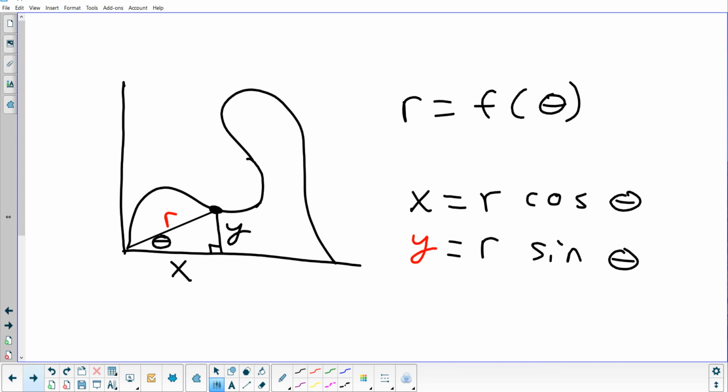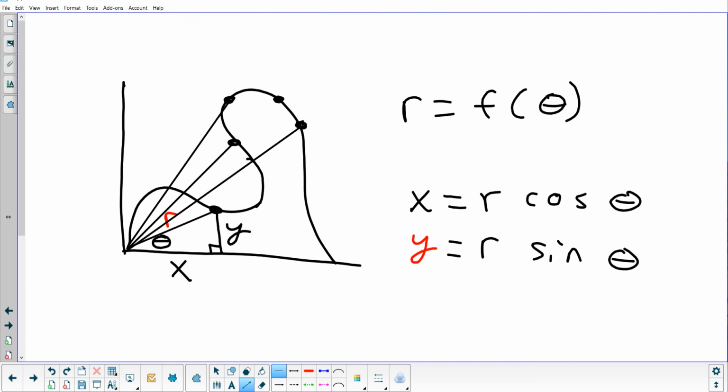Now, for any point on this curve, no matter where you put it, you could measure the r value. So my question is, is the r value the same for every one of these points? No. They all have a different r value. That one is longer, and that one's even longer over here.